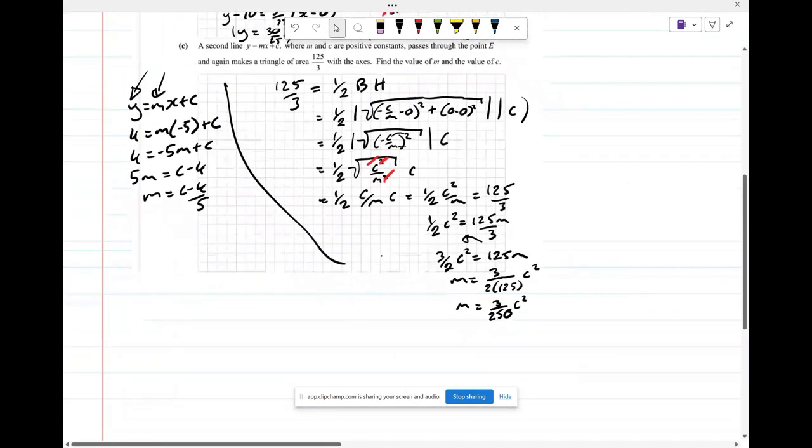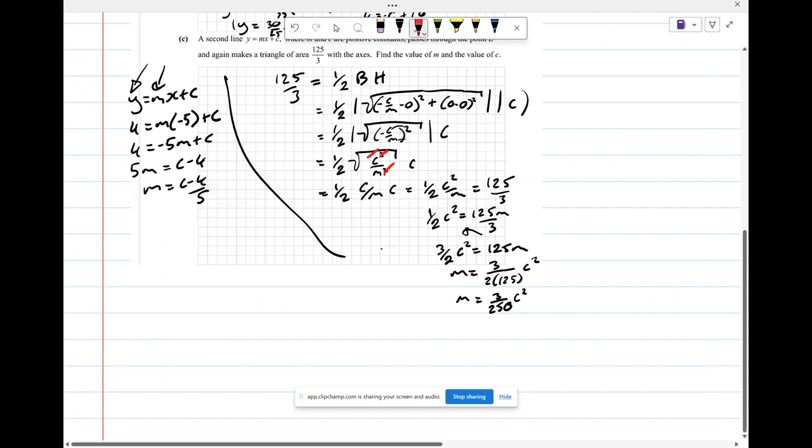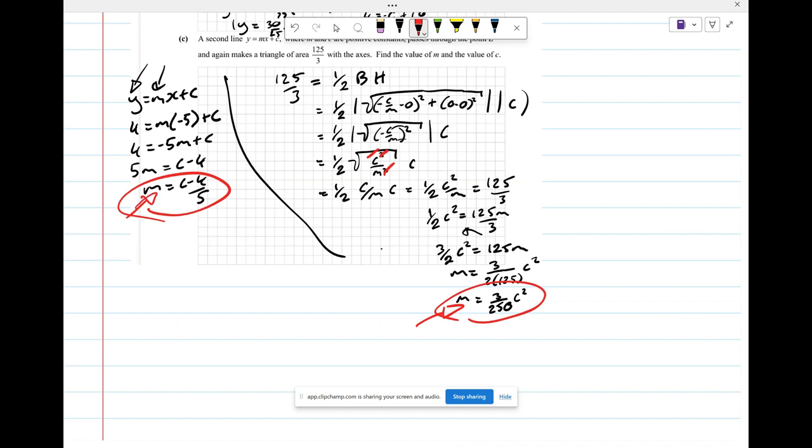So now we have two equations, but we see we can get rid of the m if we let them equal each other. So if this is equal to m and this is equal to m, then both of these are equal to each other. It goes back to the same thing we were saying when y was equal to 3 plus 7x and y was equal to 4x plus 2, then we could let the y's equal each other.